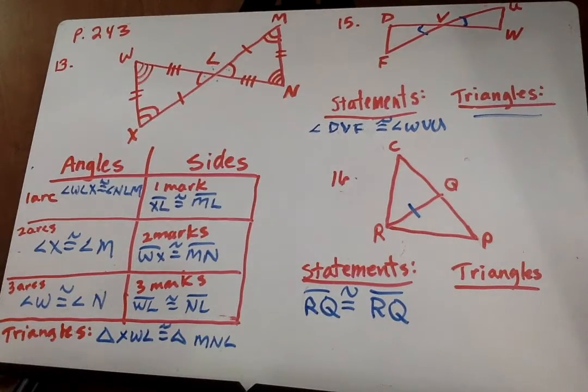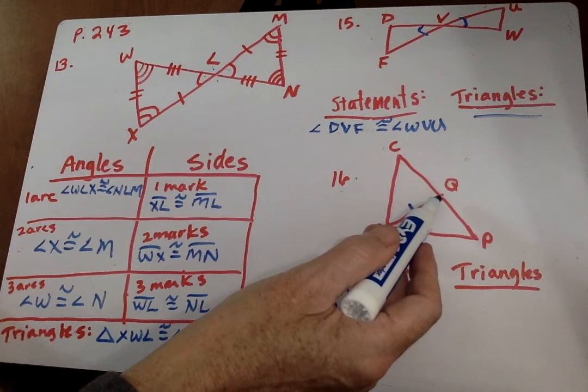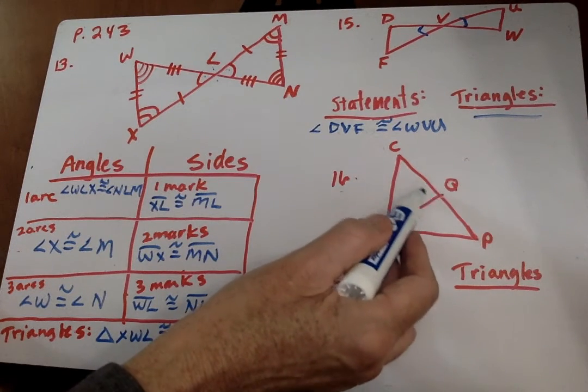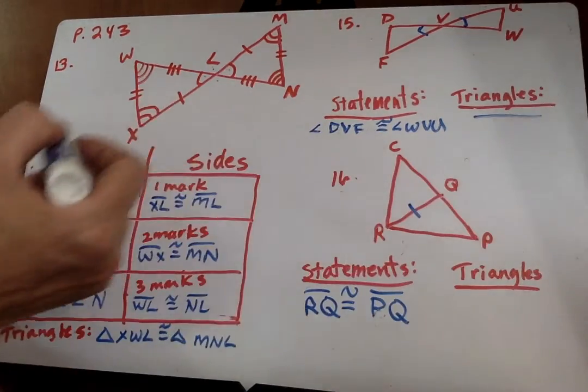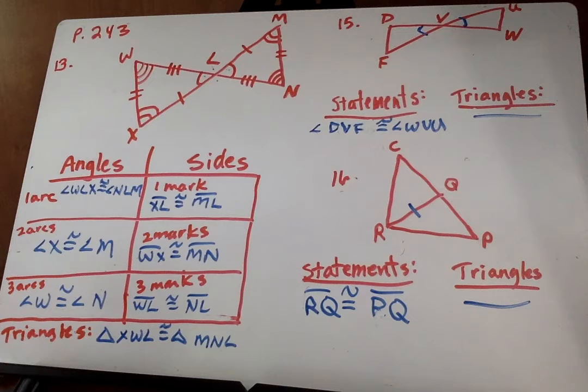Okay. And again, we don't know that those triangles are congruent. We don't have a little box here to show that these are right angles, so we don't know. One could be 89 and one could be 91. So I'm going to have you put a dash through the triangles because we don't know that they're congruent.